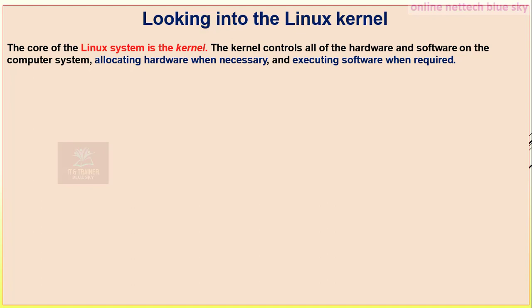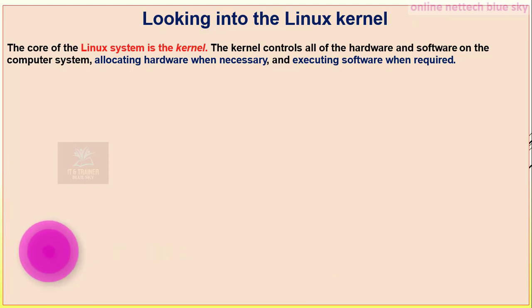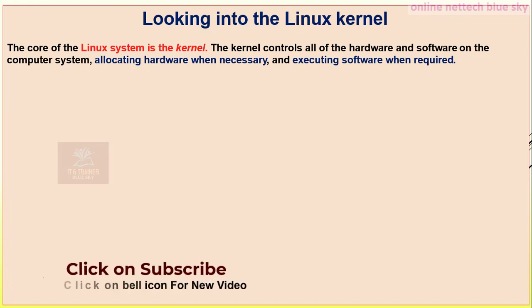The kernel controls all the hardware and software on the computer, allocating hardware when necessary and executing software when required. So two systems are very important: hardware and software.